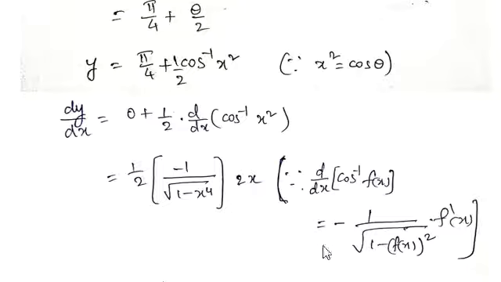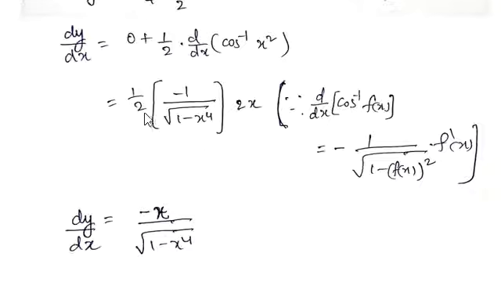So if you follow this formula for cos inverse of x square, it is minus 1 by under root of 1 minus f of x whole square, and in the place of f of x we have x square. So x square whole square means x power 4, and into f dash x, that is d by dx of x square, which is 2x.